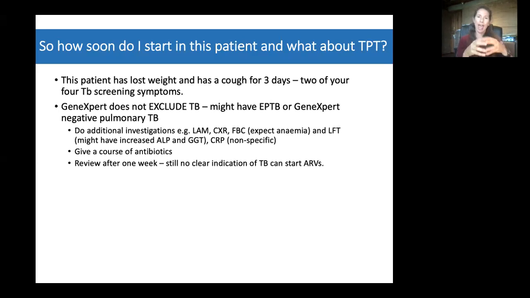So these patients you have to investigate further just to double check if there is TB before we put them on the ARVs. And there's a couple of things you can do. I haven't actually got a slide on it, but just remember LAM. Some of you might be aware of urinary LAM, especially if you've been in Frere or CMH, where they've been trialing the urinary LAM. So that's a dipstick test that tests for some of the pieces of the TB bacilli.